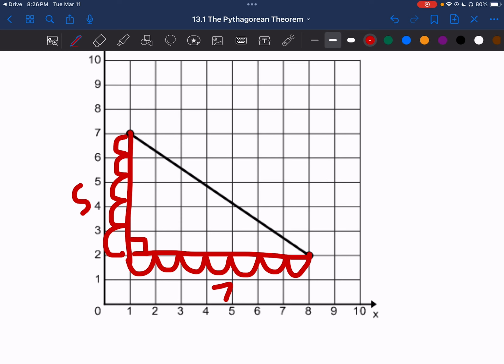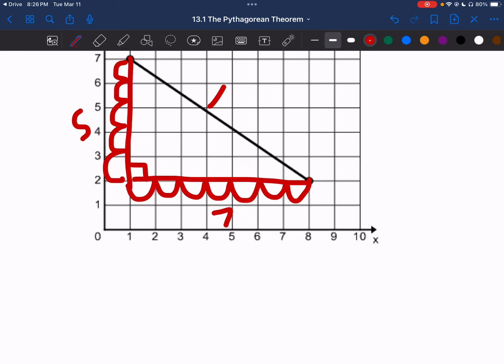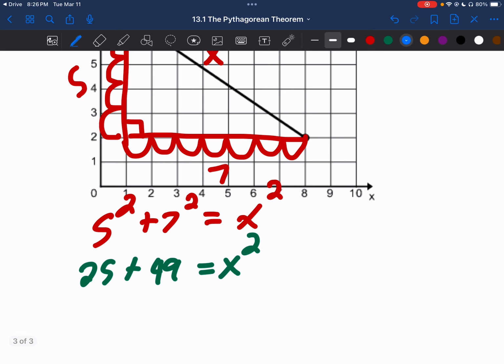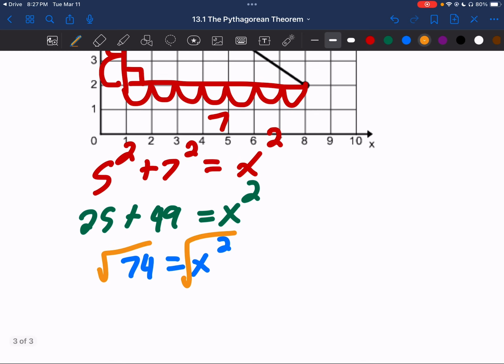So we have 5 squared plus 7 squared equals x squared. 5 squared is 25. 7 squared is 49 equals x squared. 25 plus 49 is going to be 74 equals x squared. And we're going to take the square root of that. And the square root of 74 is going to be 8.60 is equal to x.